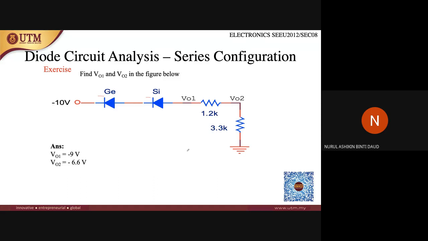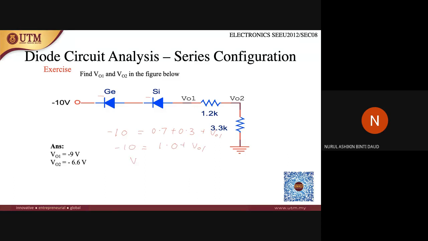So at VO1, the voltage here is minus 10 equals 0.7 plus 0.3, so 1.0, plus VO1.